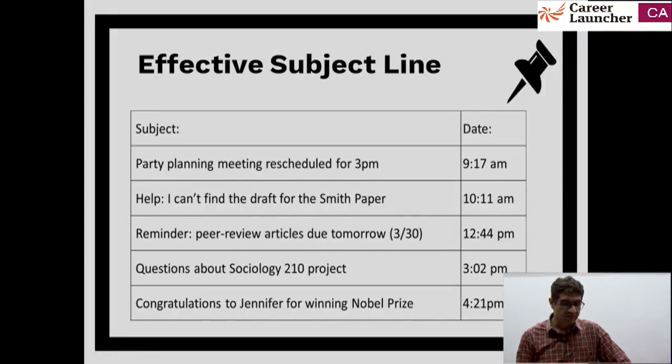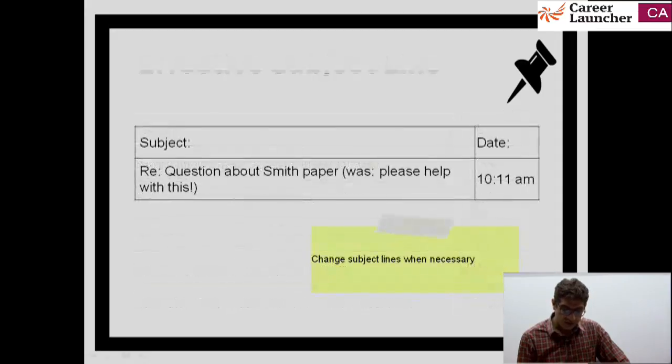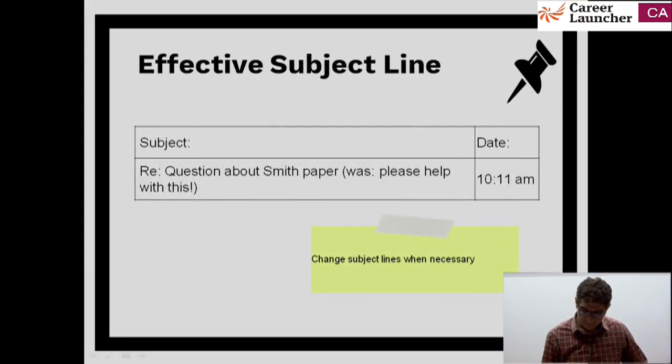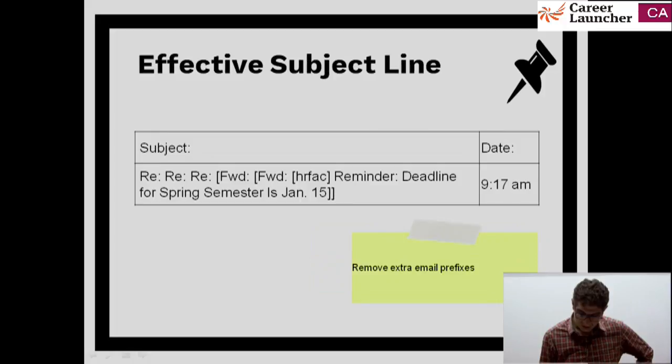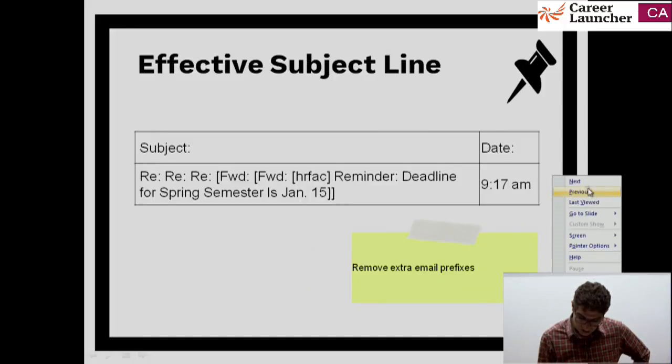Now let's look at the very first line. Party planning meeting rescheduled for 3 p.m. You notice it gives us all the critical information that we needed.